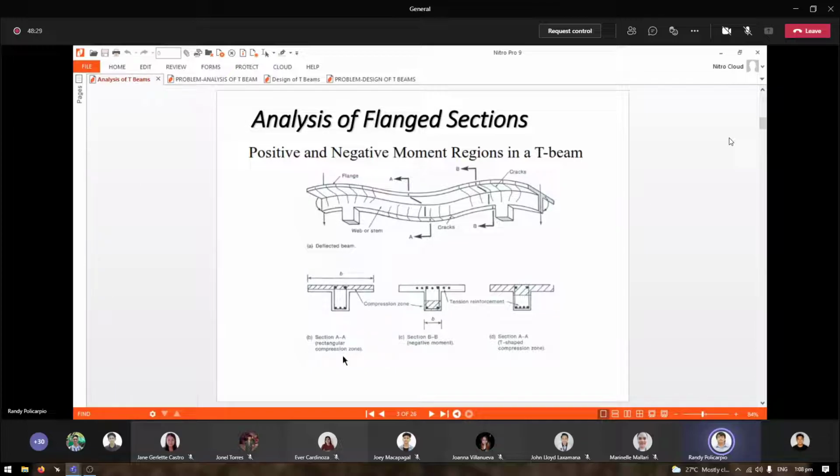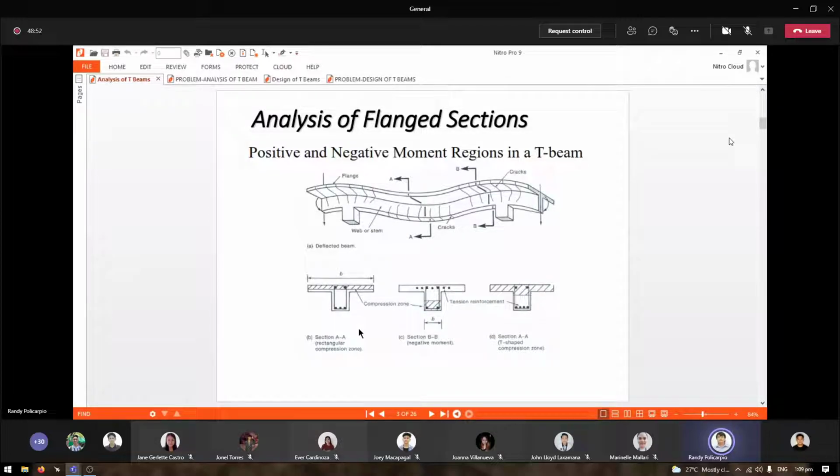Okay, so going back here, no? Kapag yung isang case, sa T-beams ang kinonsider natin, yung depth ng compression block nasa flange, within the flange. So we will treat it as a rectangular beam.